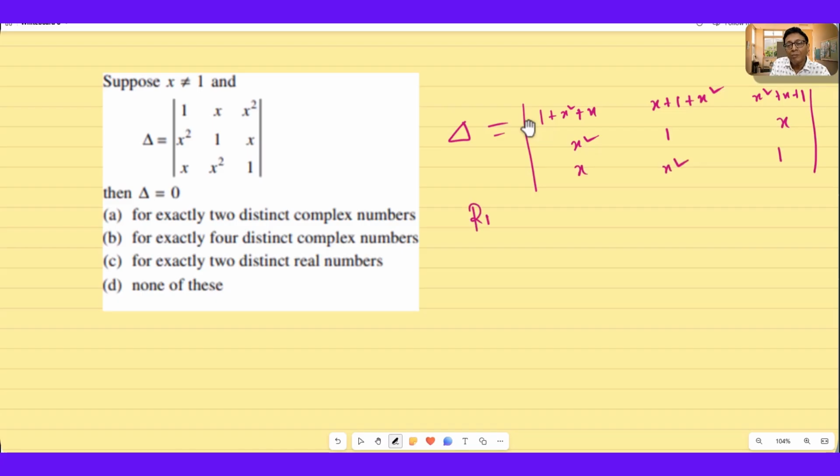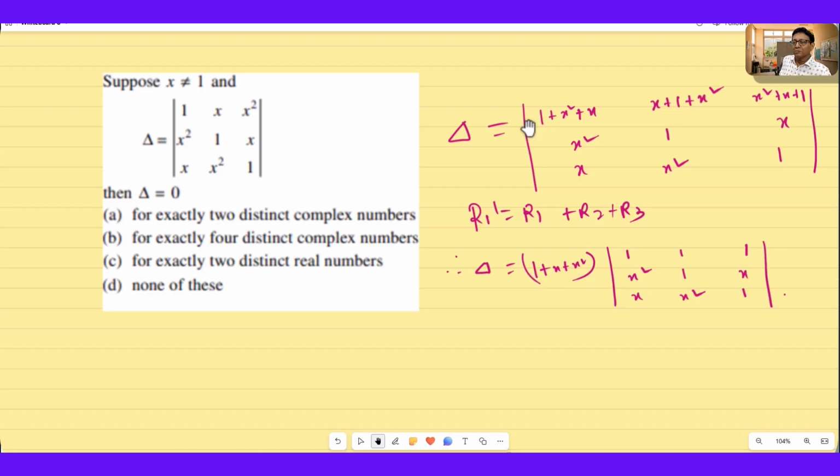We have done r1 dash equal to r1 plus r2 plus r3. So this is common, you take it out. Then there is 1, 1, 1. This is a fun one. In 3 sums we got terms identical this way.